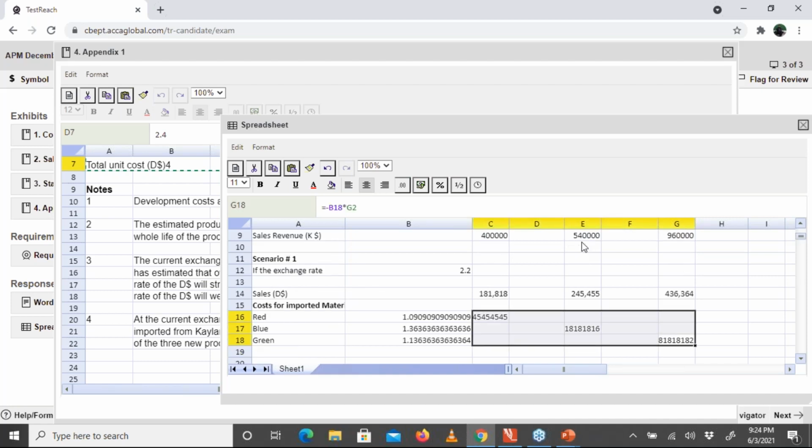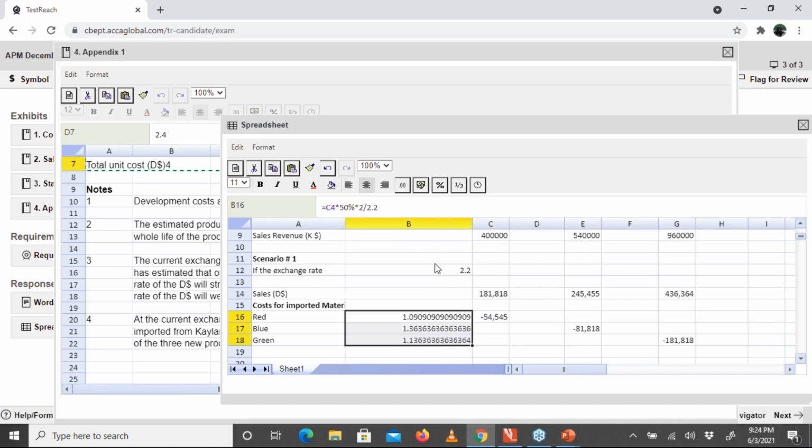Now if I do these calculations, what have I done? I've mentioned it like this. This is the cost for imported material.